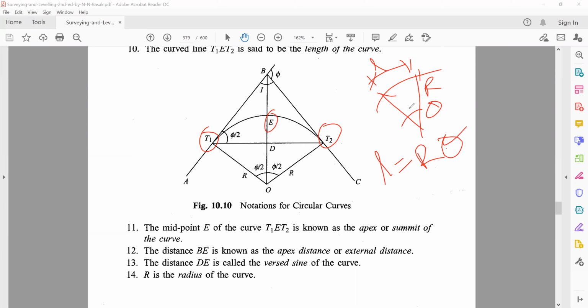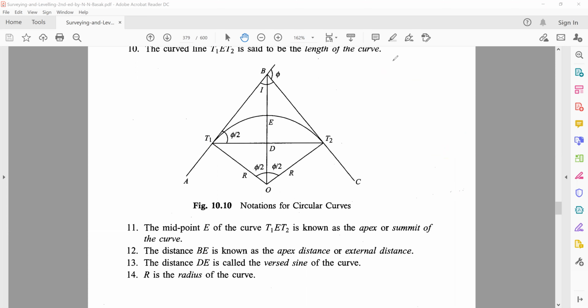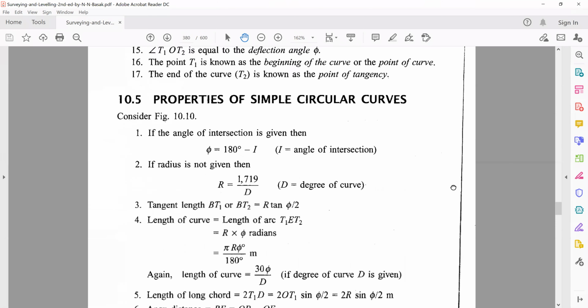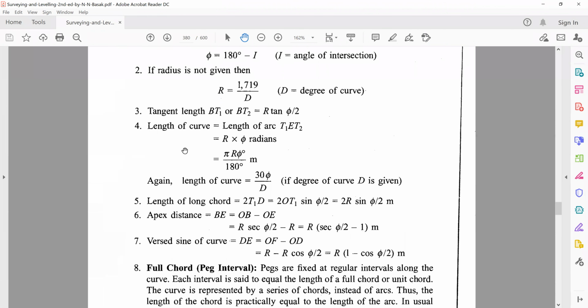The same relation applies here: the curve length T1 T2 is equal to the radius times the central angle, which in our case is phi by 2 plus phi by 2. That becomes phi, and then you convert it into radians. That is how you get pi R phi over 180. So this is how you calculate the length of the curve.